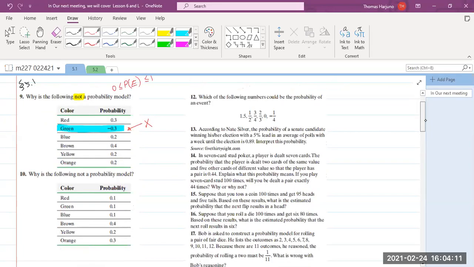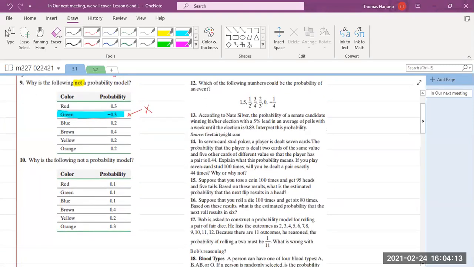Number 10, why is the following not a probability model? All of them are between 0 and 1 here, so what's wrong? Let's try to add. When we add this total of probability, I think we get 1.2. And that's what's wrong.